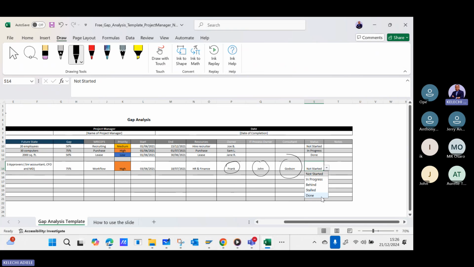And if it's not done, it's delaying the project. So your job is to make sure that the people who need to know about the gaps know about them, and they are working on closing those gaps. That's all you need to know.